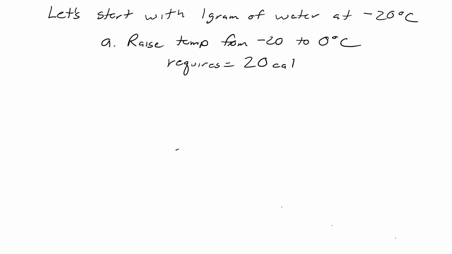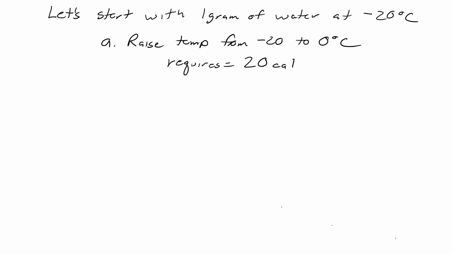What do I have now? Tell me what I have and what's its temperature. First of all, what's its temperature? 0. And we know what happens at 0. That's the melting, freezing point of water, right? So we just took ice from -20 and we raised it 20 degrees, okay?